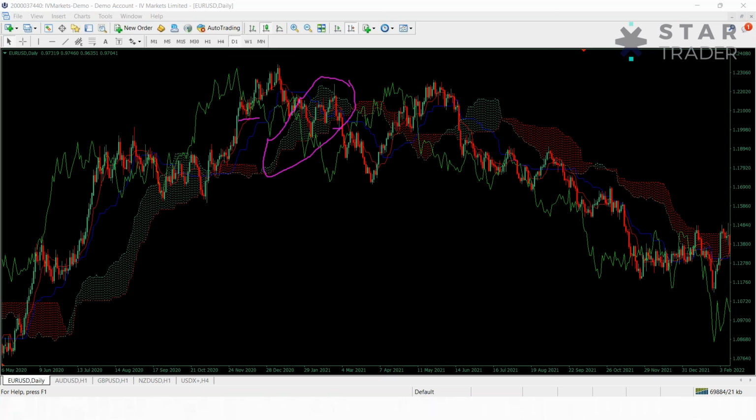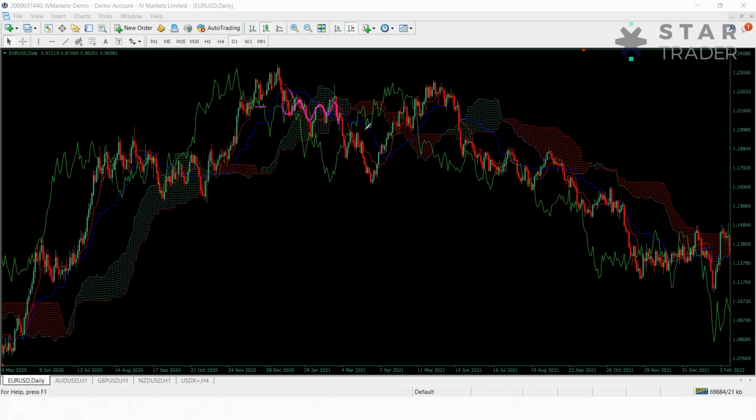As you saw previously, our Chiku span broke the market, this moving average crossed, and we are waiting for the market to close below this cloud, because we want the cloud to become red from green.